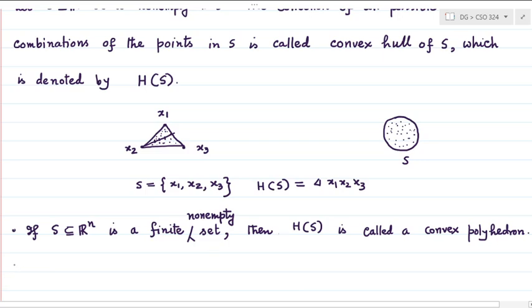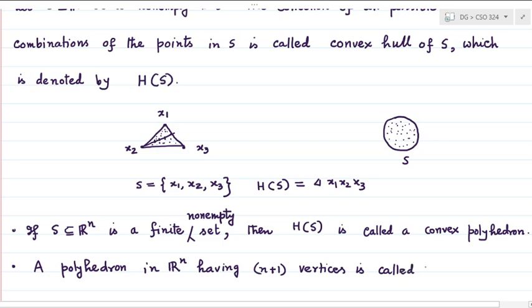Fine. So here a polyhedron in R^n having precisely n plus 1 vertices is called a simplex in R^n.